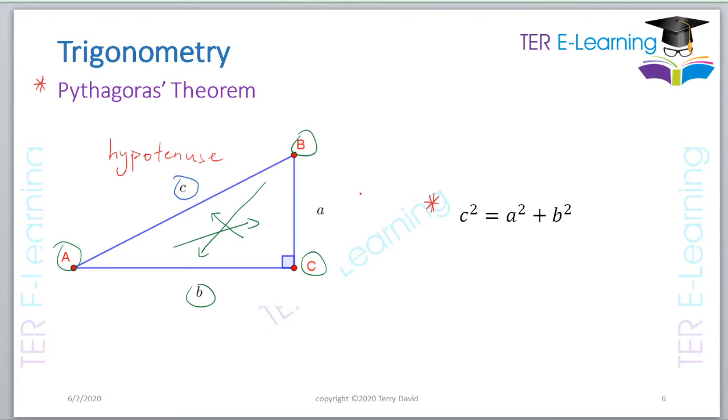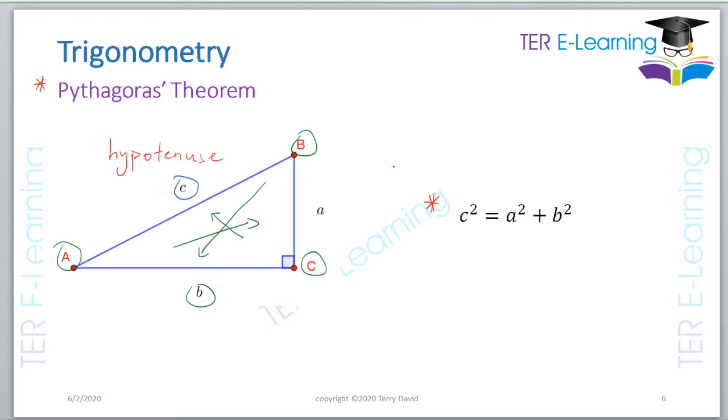So how you should try to remember the formula is as the hypotenuse squared is equal to the sum of the squares of the other two sides, right? I want you to try to remember the formula like that. This is Pythagoras Theorem: my hypotenuse squared is equal to the sum of the squares of the other two sides.